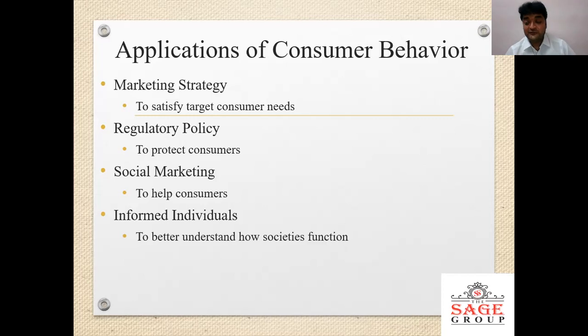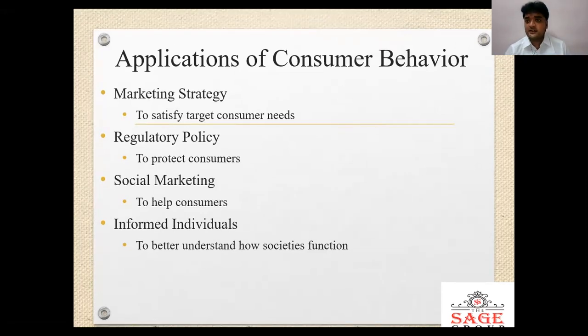If you want to protect consumer interest, you need to understand consumer behavior. Why? Because a few customers are facing problems with some kind of product or service, and as per your regulations or policy, you need to protect their interest.